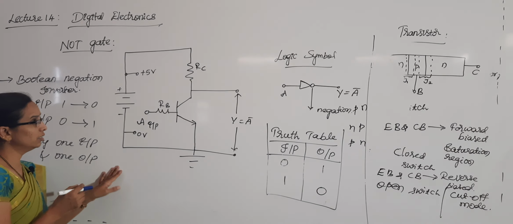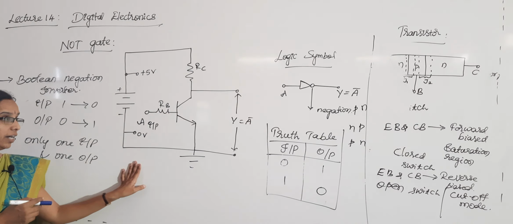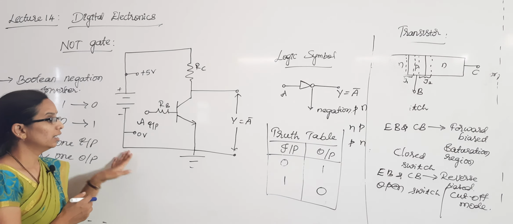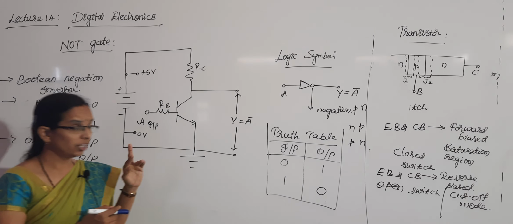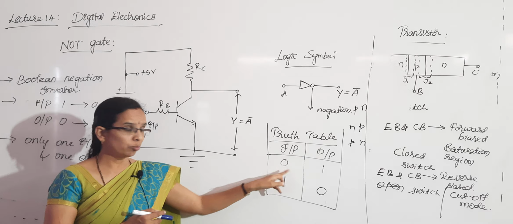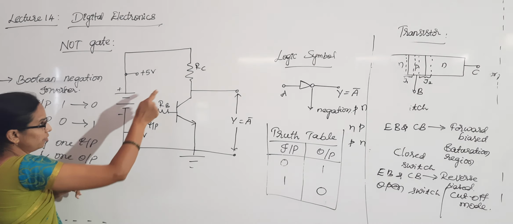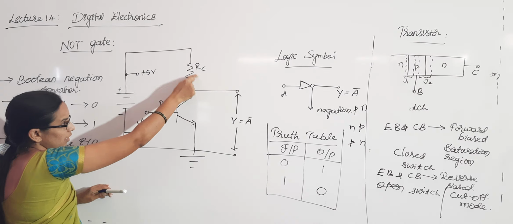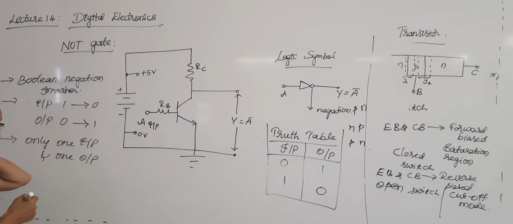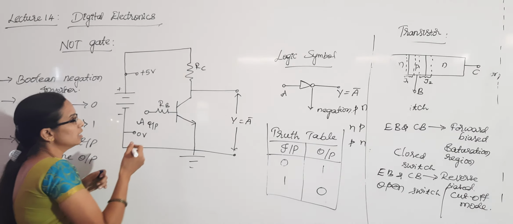Okay. So, here is the circuit of the NOT gate. In this NOT gate, as we already know, when you give 0 as input, you should get 1 as the output. Here we have used a collector resistor RC.